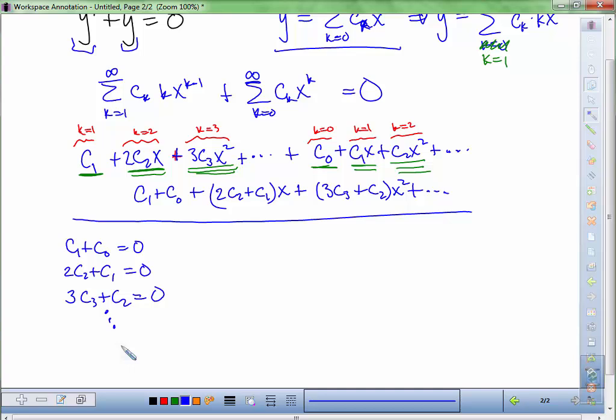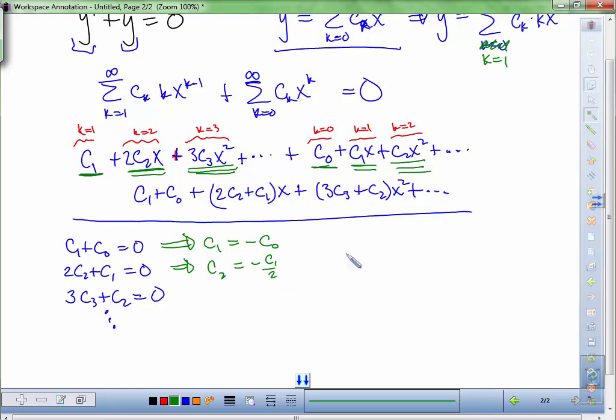So we have a relationship between C1 and C naught. From here, I'm going to say that C1 is equal to negative C naught. Does that look okay? And then C2 is going to equal negative C1 divided by 2.